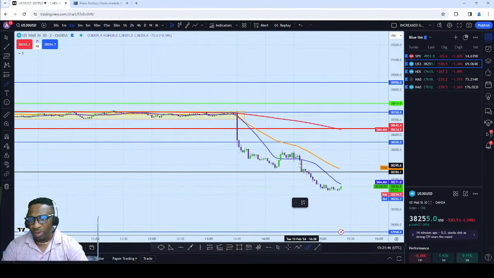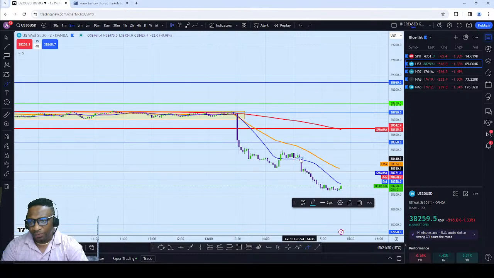So that's where you could have taken advantage of this entry here, and then once you get in, your stop loss is above here.